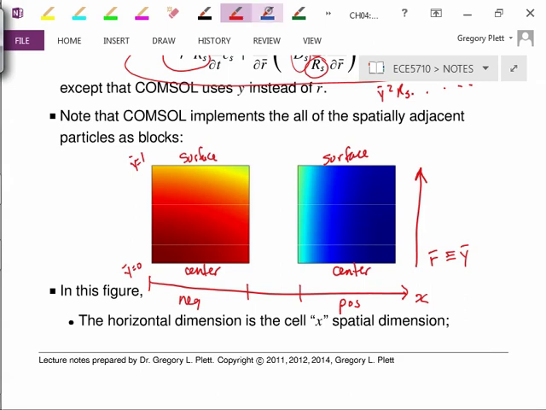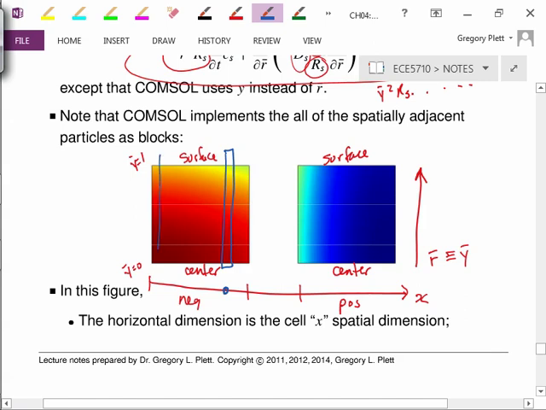And if I take any slice in here, that describes what is happening within one particle at that X location. A different slice somewhere else is describing what's happening inside that particle at a different X location. And I've got diffusion happening only in this direction in the model.